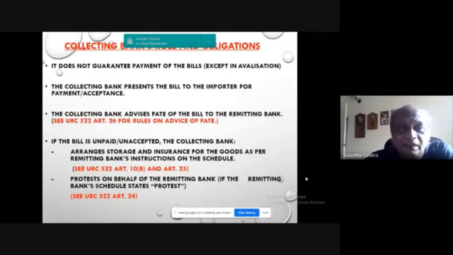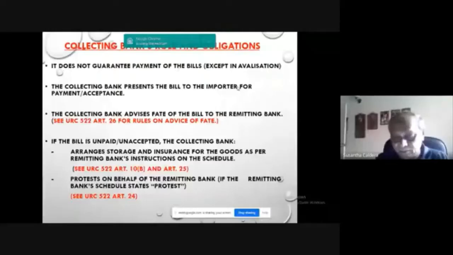Collecting banks' role and obligations. It does not guarantee the bills except in avalization. A collecting bank presents the bill to the importer for payment or acceptance.